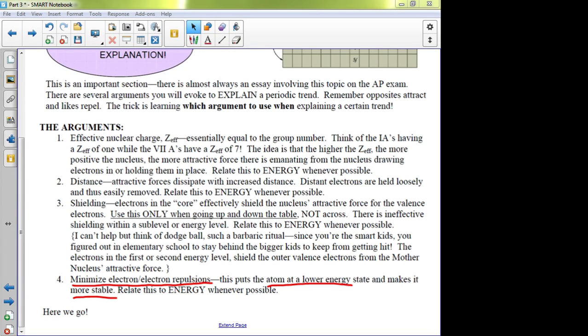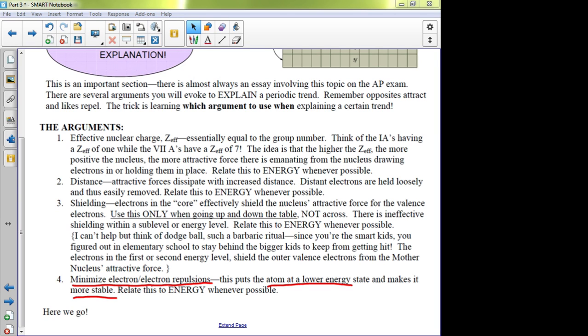If I'm going down the periodic table, which argument do I use? The distance, or the shielding. As I go down the periodic table, what am I adding? Energy levels, right? I'm adding whole energy shells.